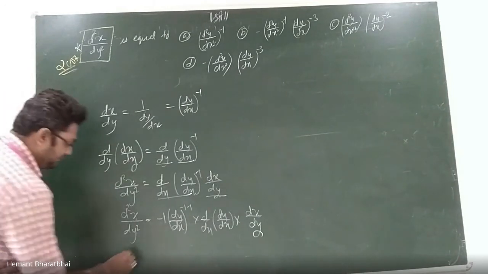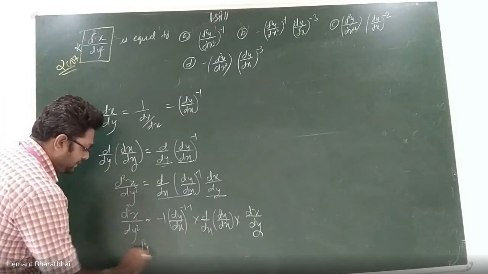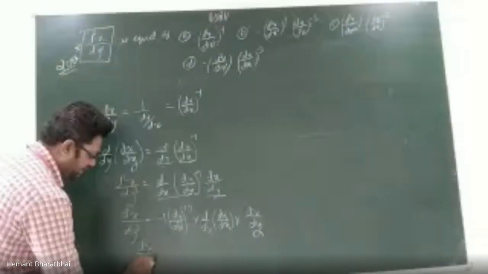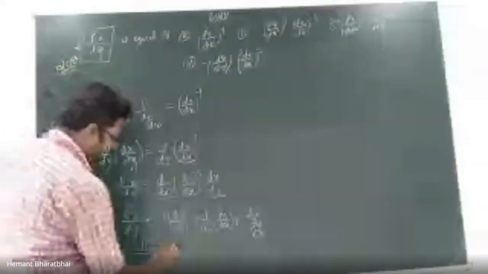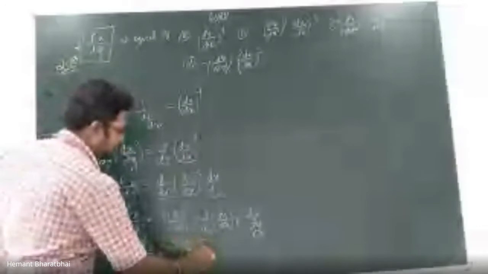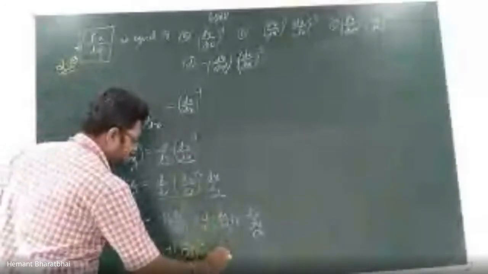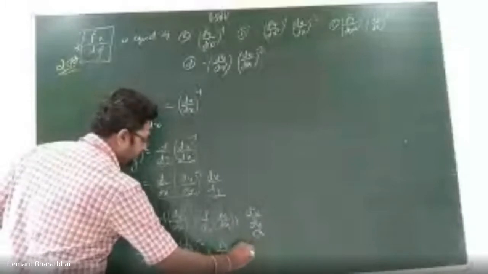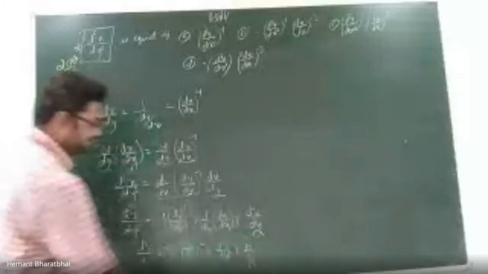So I will get d2x by dy square equals minus 1 into dy by dx the whole raised to minus 2, into d2y by dx square into dx by dy.